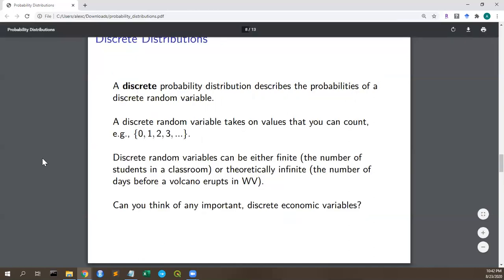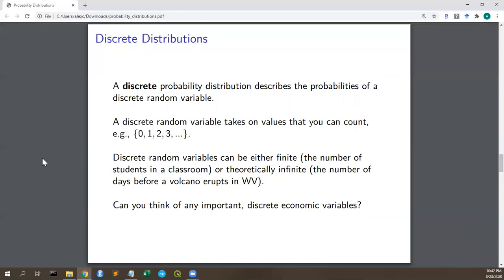So there are 2 types of probability distributions in the abstract. There are discrete distributions and there are continuous distributions. So discrete distributions take discrete random variables. Discrete random variables are counting numbers, things you can count and not have fractions of.